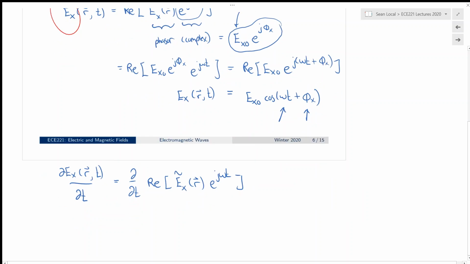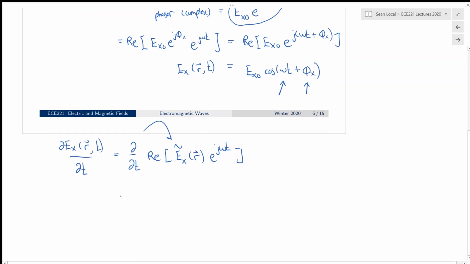So we can change the order of operations here and move the time derivative inside the parentheses. But if we take the time derivative of E tilde x, that doesn't depend on time at all, right? So as far as this function in parentheses is concerned, E tilde x is just a constant. And really what we're doing is taking the time derivative of the e to the j omega t term.